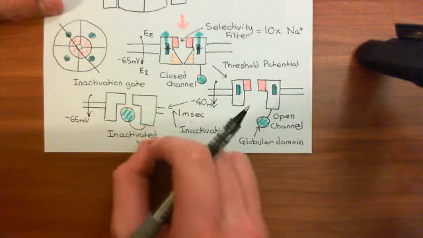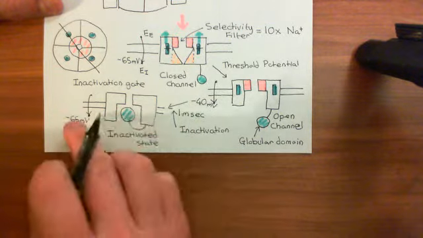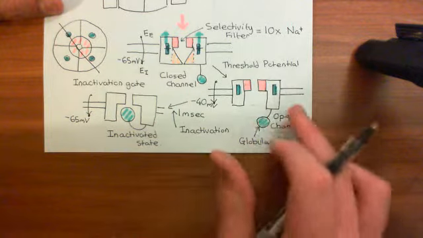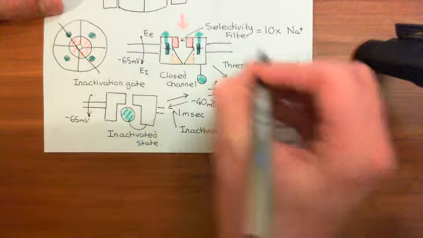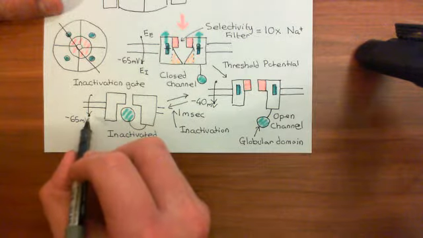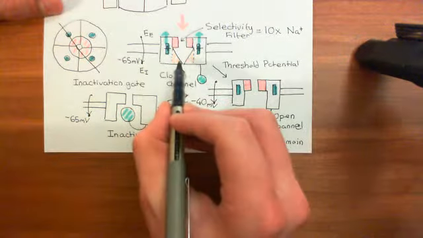So this will come out, and then of course you'll go back instantaneously into the open state for a moment, and then because you're back at negative 65, it will return back to the closed channel.